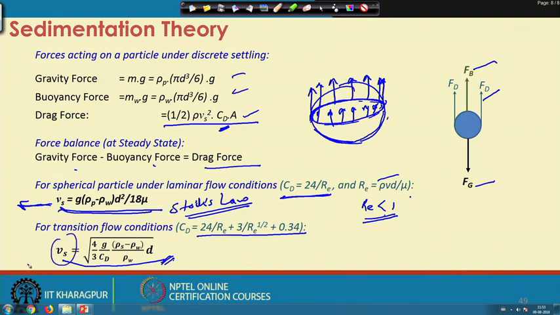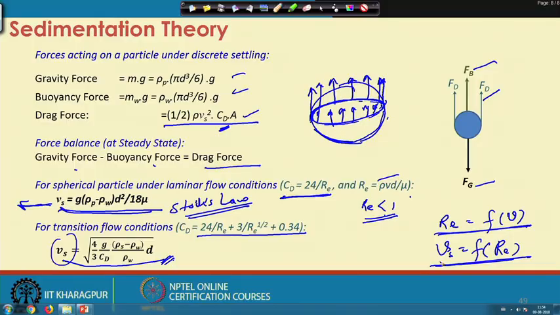Now, this becomes a little tricky, because Re is a function of velocity, and velocity is a function of C d, which is eventually a function of Re. So, we will have to do a trial and error if it is not following Stokes law, where we can straightforwardly determine the settling velocity of the particle.